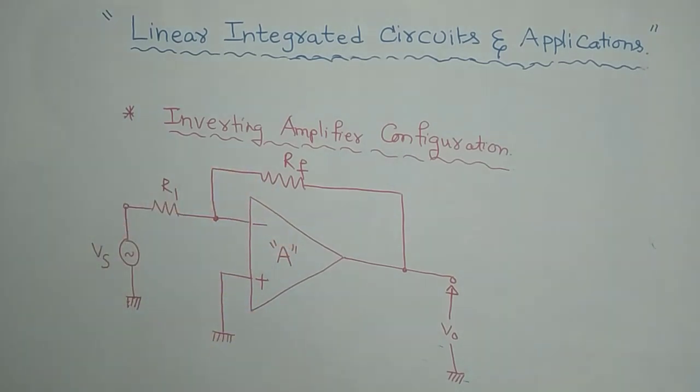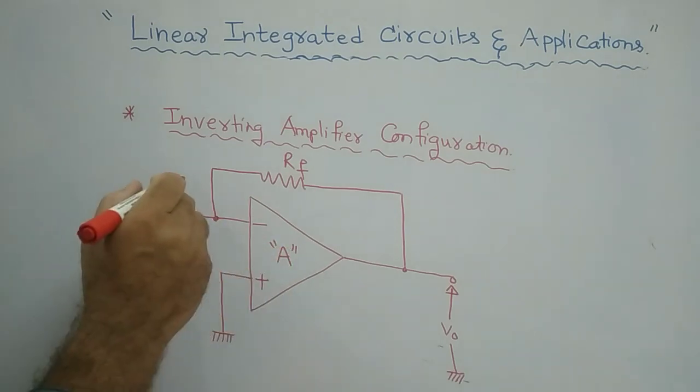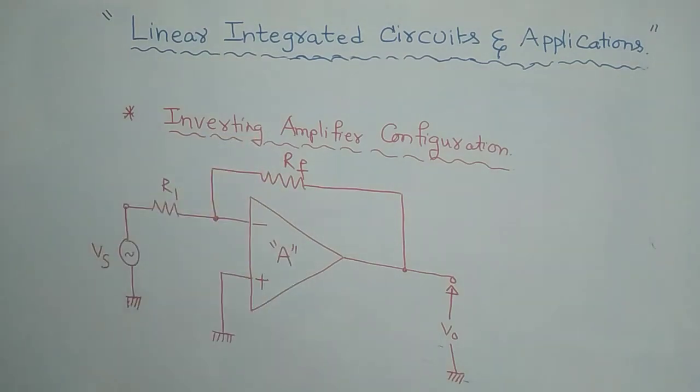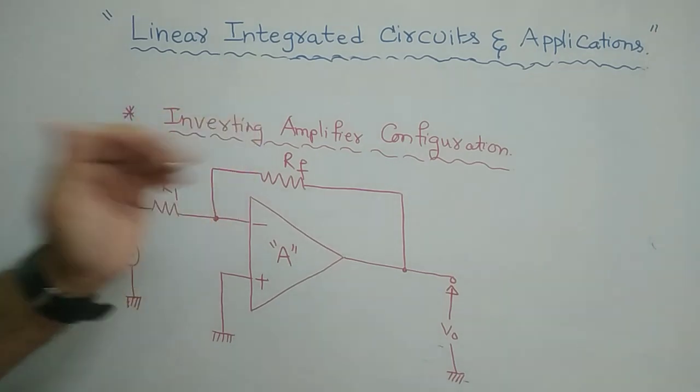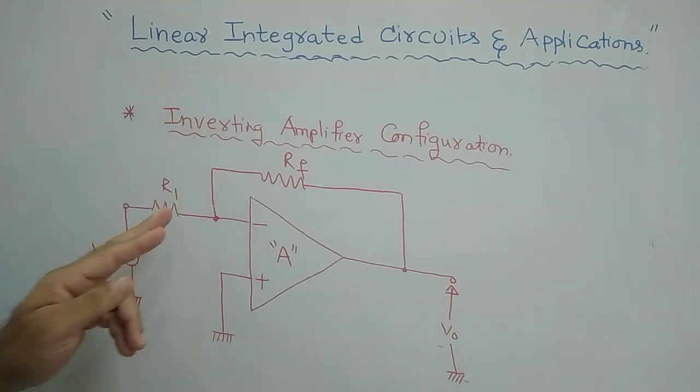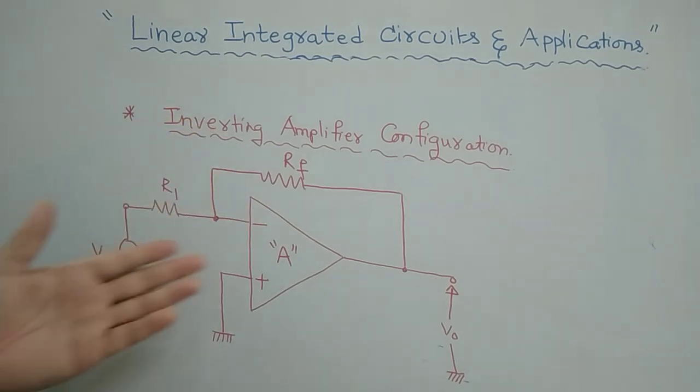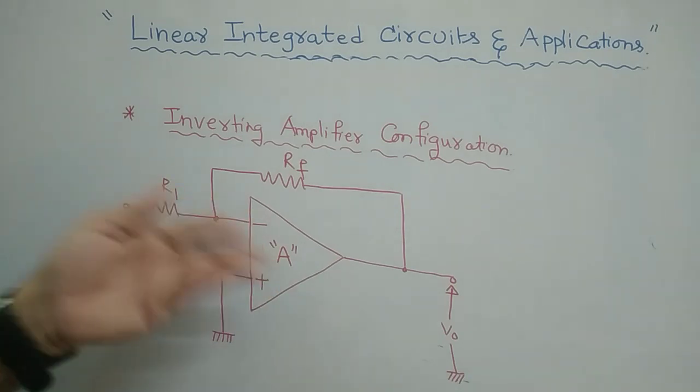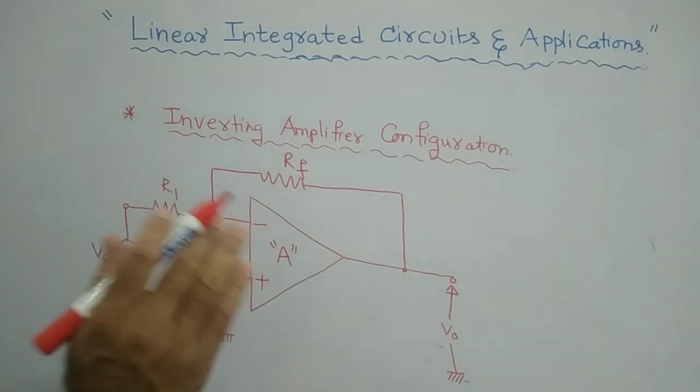So it works with passive components, maybe resistors, capacitors or inductances, as per the requirement and application. As far as the inverting configuration is concerned, we need resistors only, as shown in this figure. So carefully see here.